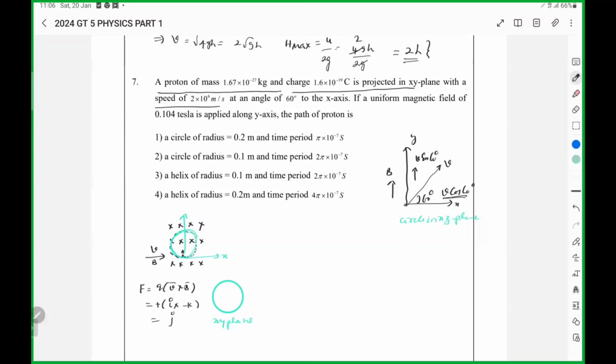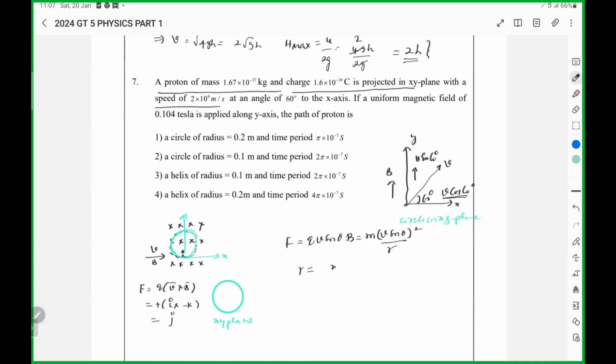And v cos 60 is perpendicular to this, then force will be qvB sin theta, which is mv square by r.